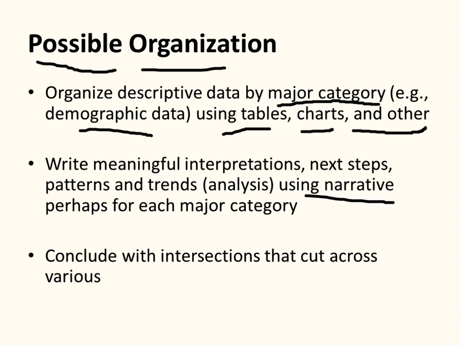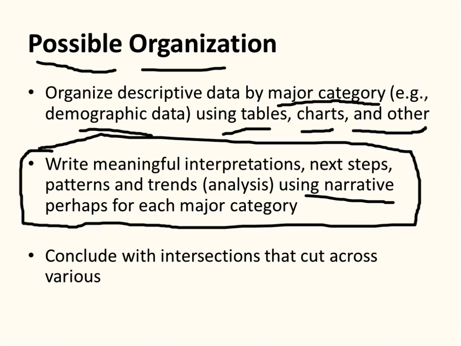So it seems to me that the logical starting place would be to organize your data descriptively in the major categories of data, and then under each of those major categories do a section that we would consider more of the interpretive section, where you might talk about what it means, what the next steps might be for your school in that area, what patterns you're seeing, what trends you're seeing.